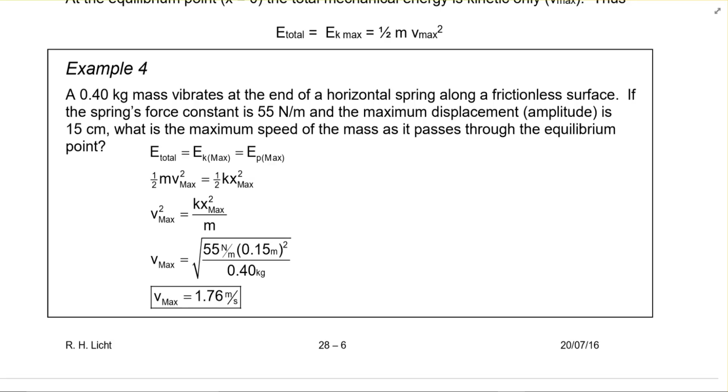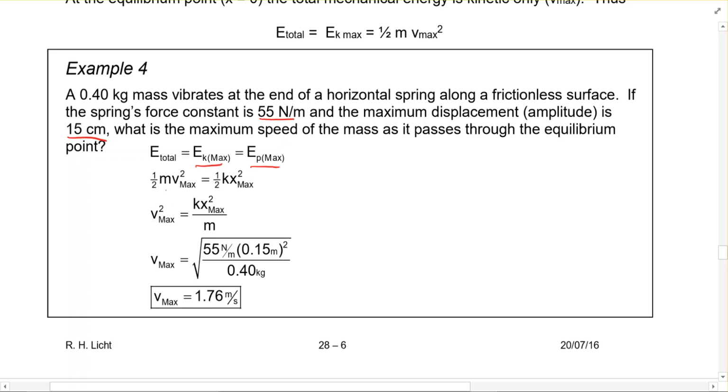Well, we have the spring constant and its maximum amplitude, so with those two things we can figure out the maximum energy. We're also looking for the maximum speed. So we make kinetic energy equal to potential energy at max, because they're going to be the same at different points.